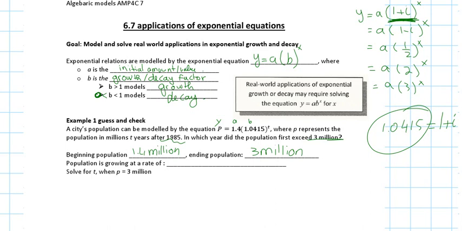Now, I know that my final answer is 1.0415. And I know that I got this by doing 1 plus I. If I want to solve for I, what do I do? Bring the 1 over and it becomes minus 1. So that becomes 1.0415 minus 1, and that gives me the I, which is equal to 0.0415.